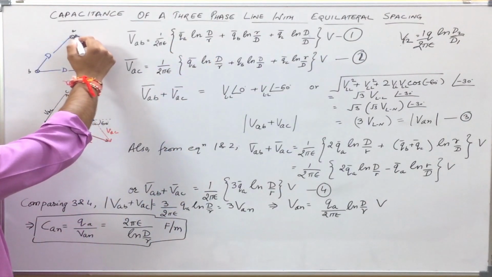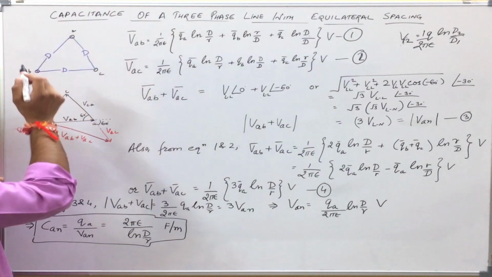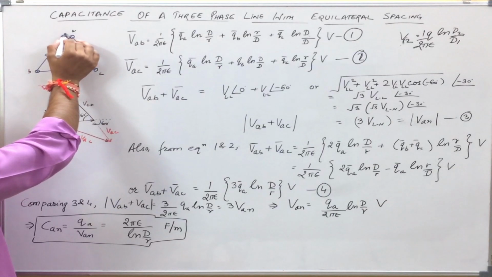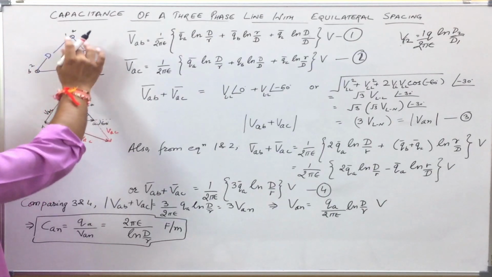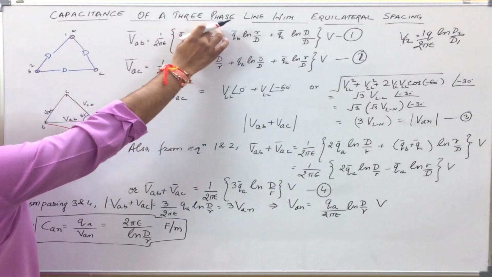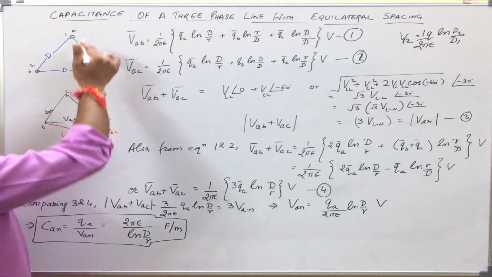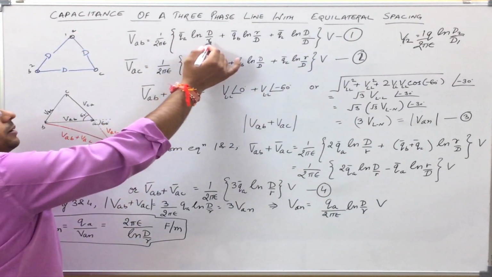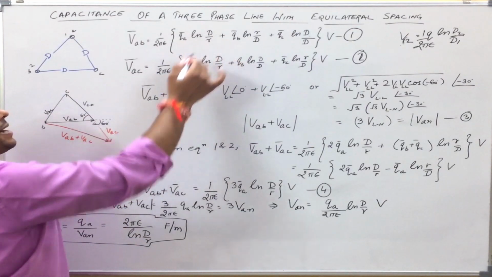For charge at A, the position of point 2 is at distance D. This is point 1, this is point 2. So D2 will be D and D1 will be nothing but the radius of this conductor. So I will write natural log D by R.